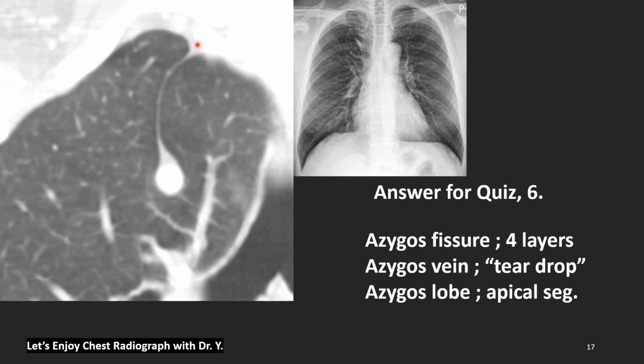It pushes down the pleura, two layers of pleura here till here. So this pleura is composed of four layers: visceral, parietal, visceral pleura, and the inner side we call the azygos lobe. This is actually the apical segment of the right upper lobe. Congratulations again.